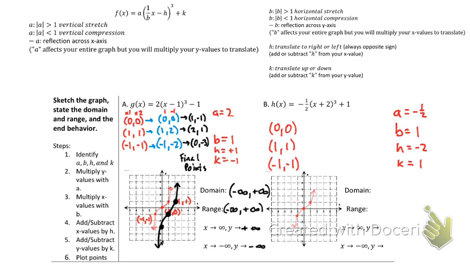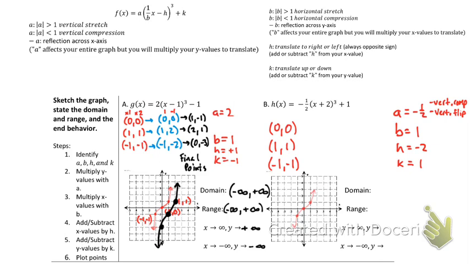So just to describe, this is going to be a vertical compression and also a vertical flip, a reflection over the x-axis. So in other words, when we're done with the math, the top becomes the bottom and the bottom becomes the top. Okay? And of course, the A value multiplies with the y's.